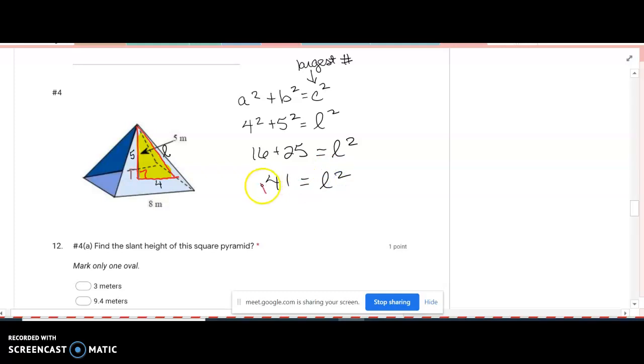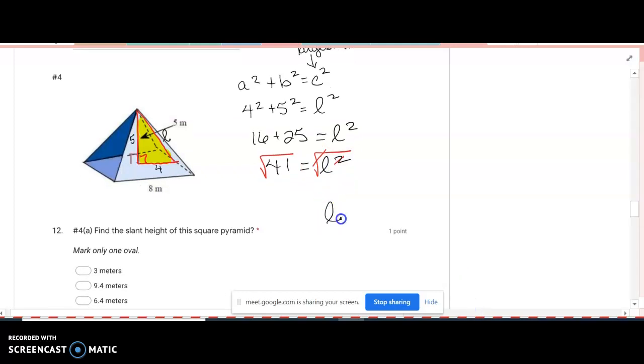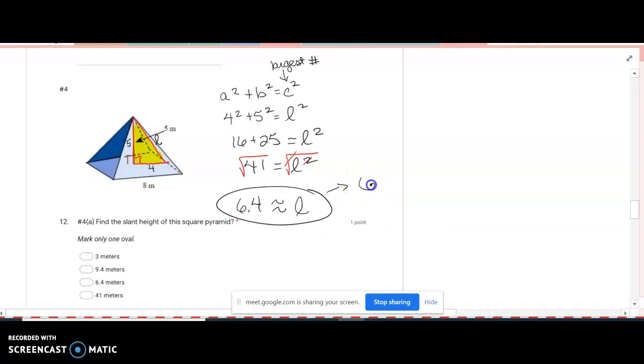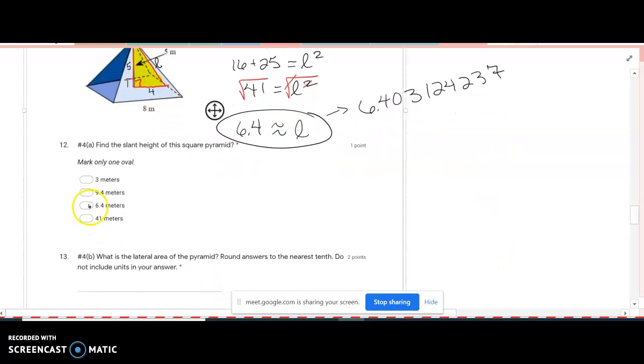And then we square root both sides. And so L is approximately 6.4. But then don't forget, we're not using 6.4 when we go to the next problem. When we have to find lateral area, we're using 6.403124237. So don't forget to use all the decimal places.